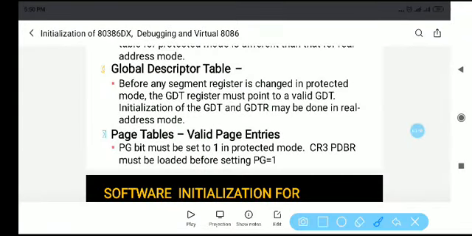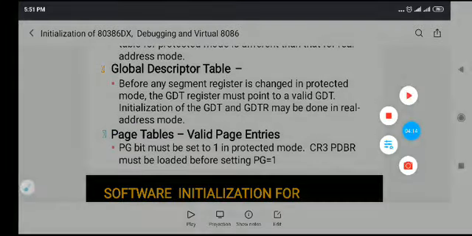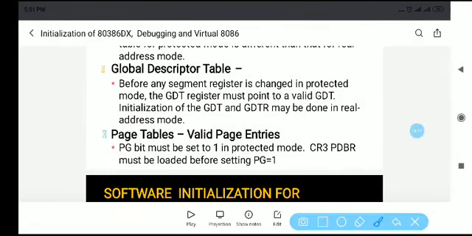Now the next point is the page table. The PG bit, that is the paging bit of CR0, must be set to 1 in protected mode. The PDBR is the page directory base register.